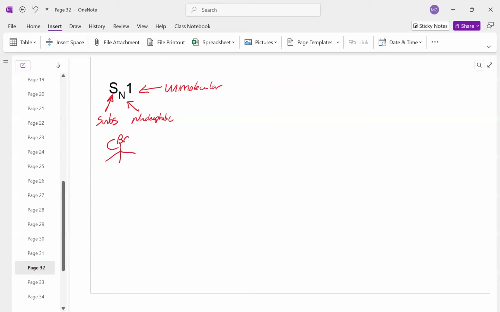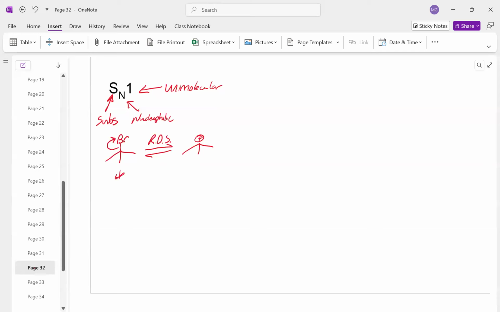We're going to assume it's going to go through SN1. We won't worry about E1 right now. So the first thing that happens is the leaving group leaves. Notice in this step, the nucleophile is not involved at all. So the rate determining step is the formation of that carbocation.